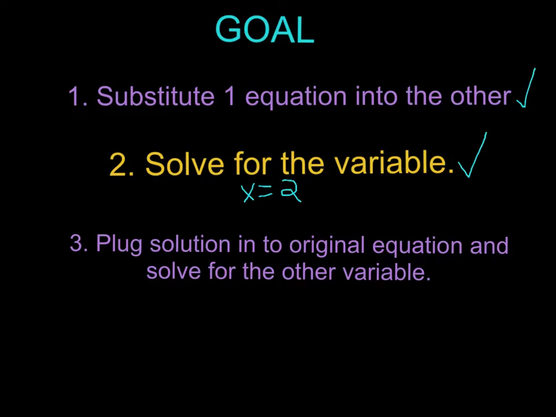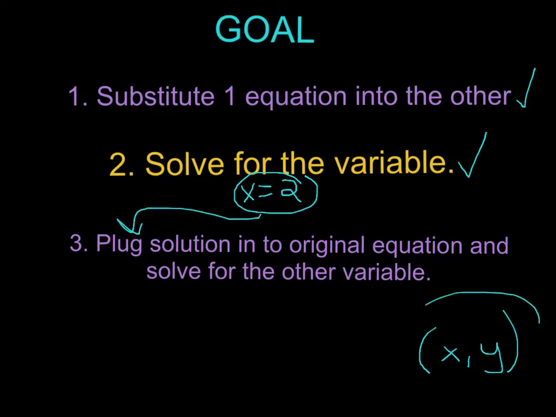Your solution is always, remember, a point where you have x and y. So substituting one equation in will allow you to solve for one of your variables, and then whatever you solve for, you have to plug it back into one of the original equations and solve for the other variable, because every answer has an x and a y.